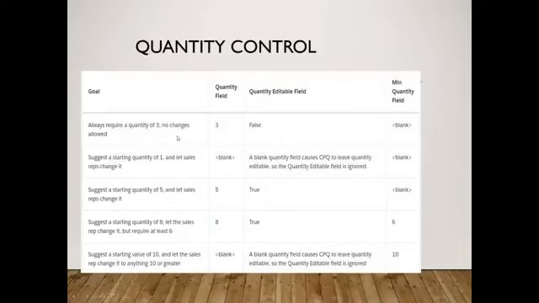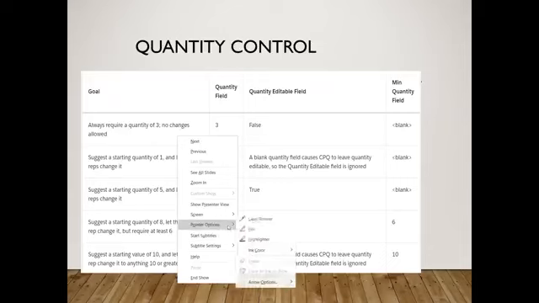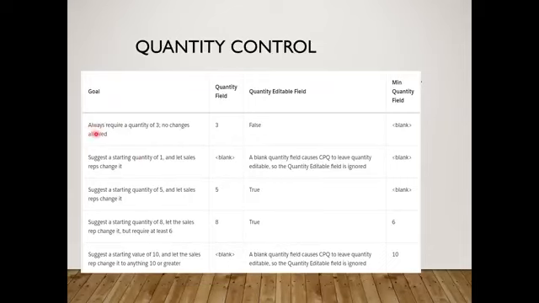My first goal, if you read the first statement, forget about this column. I got one story from my sales rep that says always require a quantity of 3 and no changes allowed.